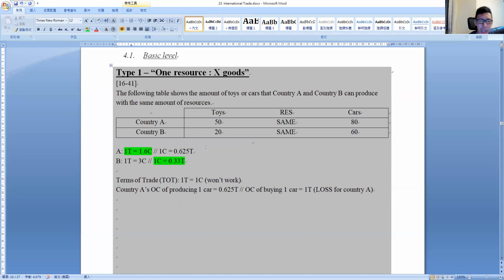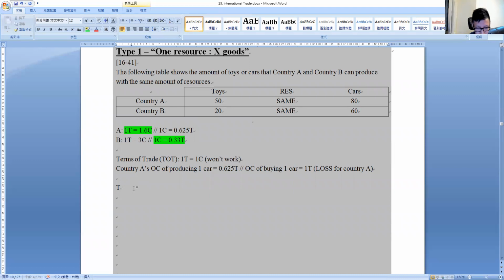So it doesn't work. If this doesn't work, let's up our game here. Let's say the terms of trade this time will be 1T to 4C. Let's exaggerate, 1T to 4C. Now this time think about country B. Remember, country B will import toys, because it doesn't make toys.